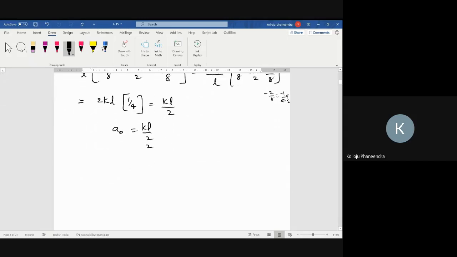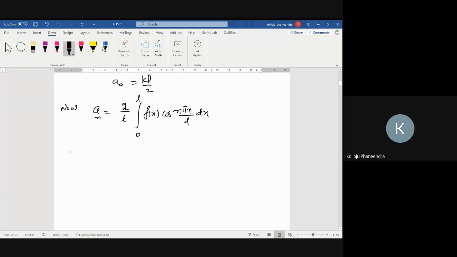Now coming to an. an is equal to 2 by L, 0 to L, f of x into cosine n pi x by L dx.